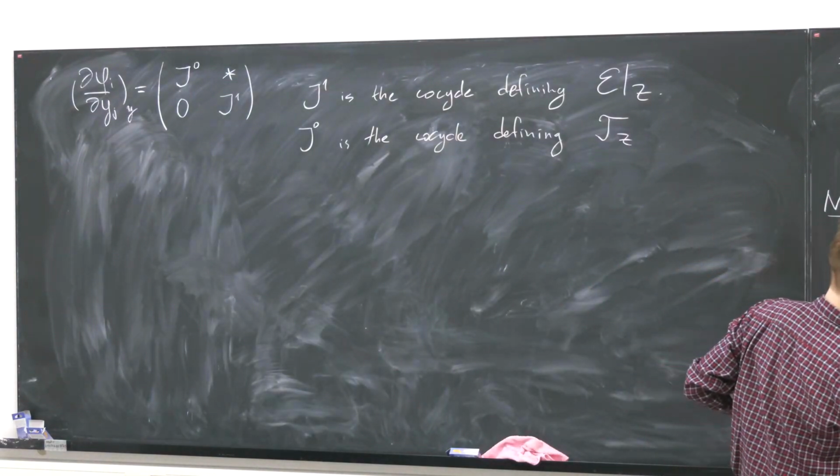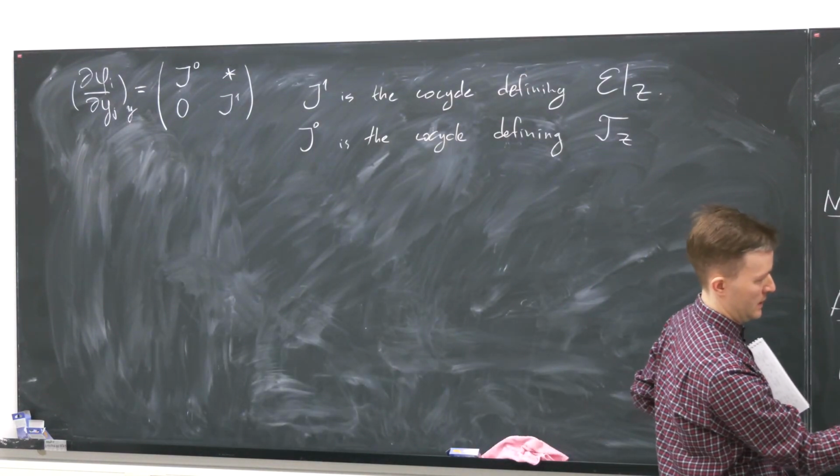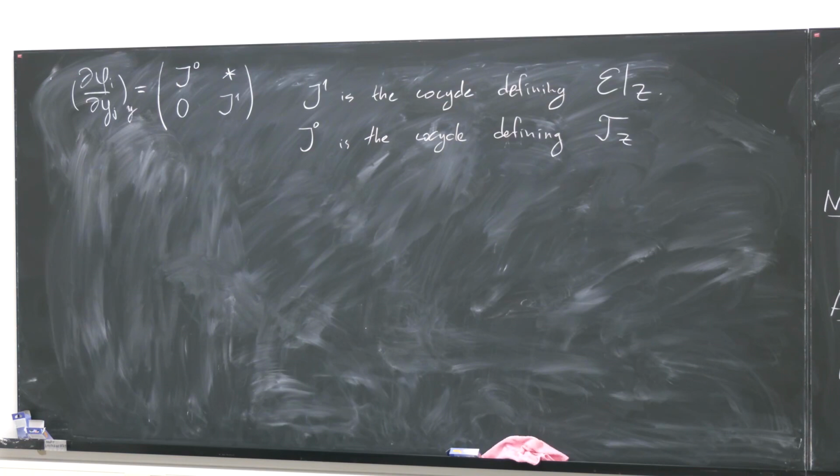Recall how I chose these coordinates: the last R coordinates give me the section of my vector bundle. So this means that Z in these coordinates is given by the condition: these are x in this U alpha such that x_{m-r+1} and so on, xm, are equal to 0.